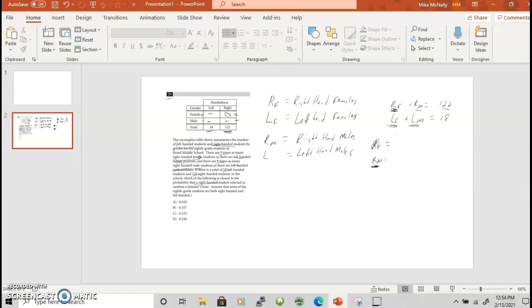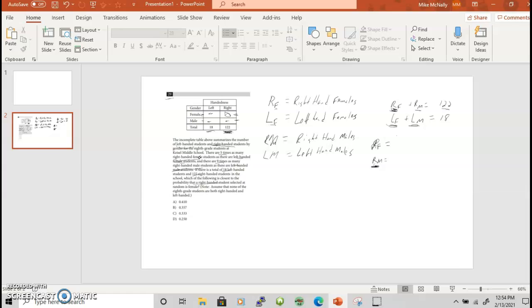So let's give this a try. First of all, give it variables. I'm calling right-handed females RF, left-handed females LF, right-handed males RM, left-handed males LM. And we know that if we take all the right-handed females and right-handed males, all the right-handers adds up to 122.